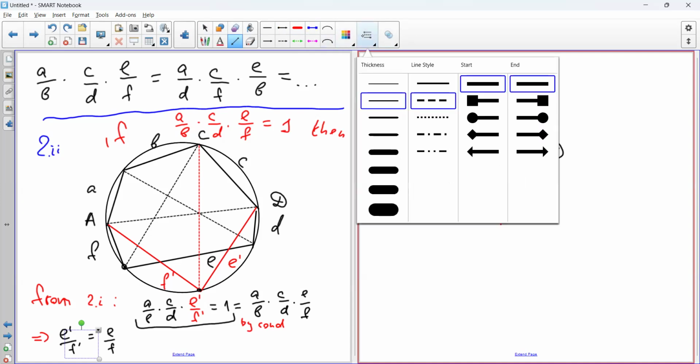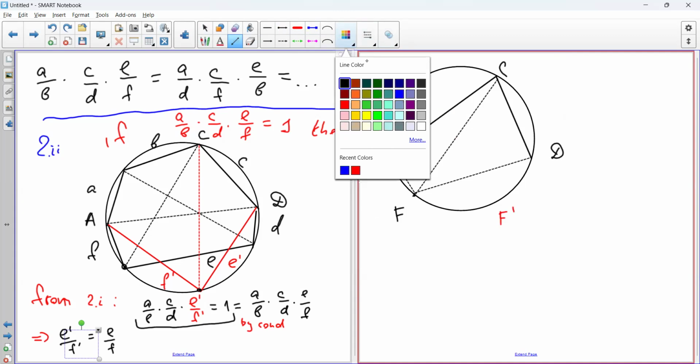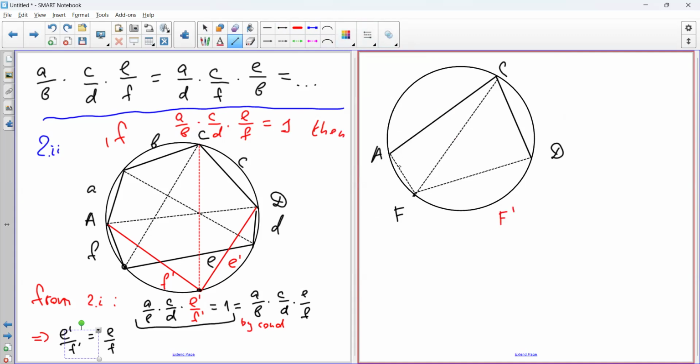It's actually about the corresponding arcs, or in other words, about corresponding angles.